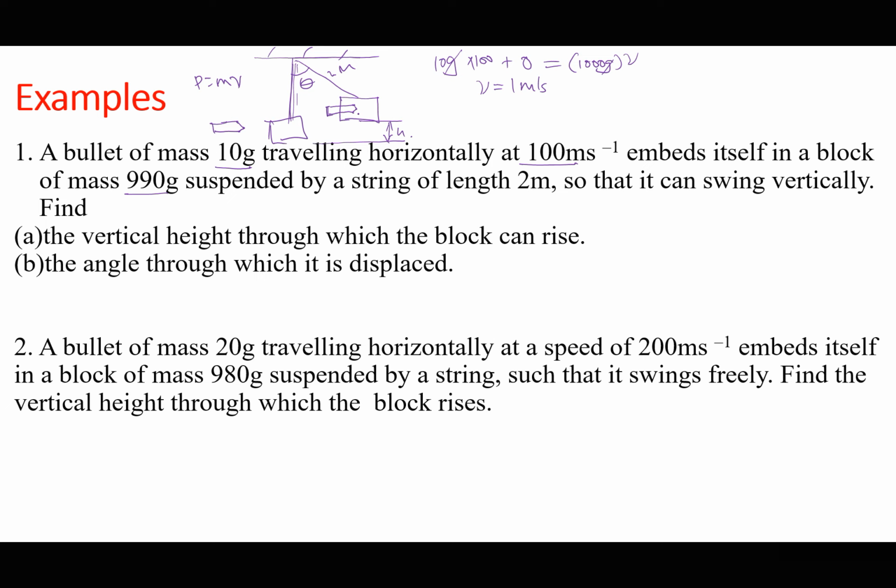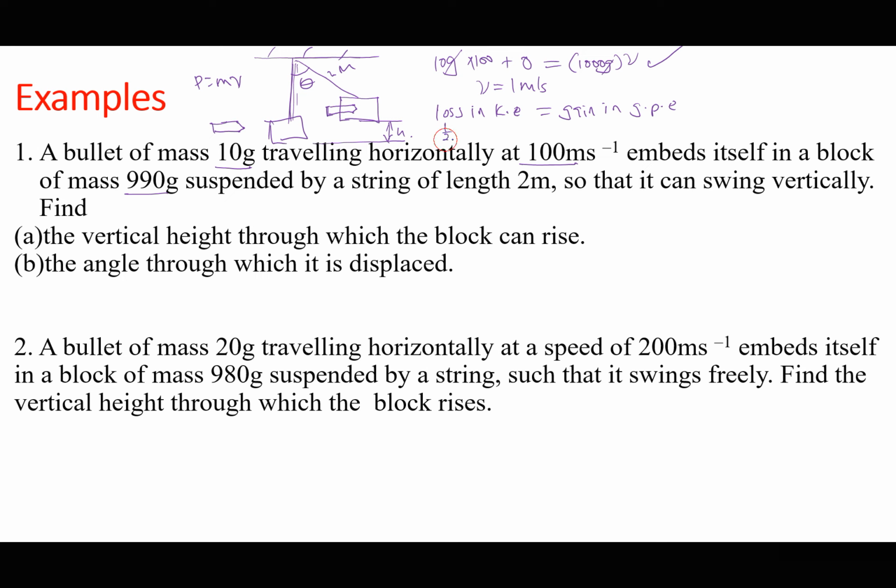Okay. So this was conservation of momentum. Then we are going to conserve kinetic energy. The initial kinetic energy immediately after the bullet hits the wooden block is going to become gravitational potential energy. So I will say loss in kinetic energy becomes gain in gravitational potential energy.